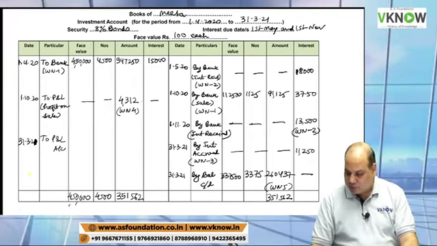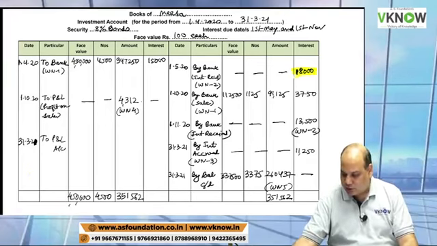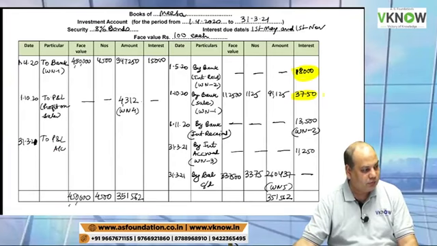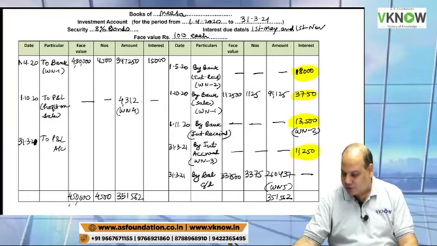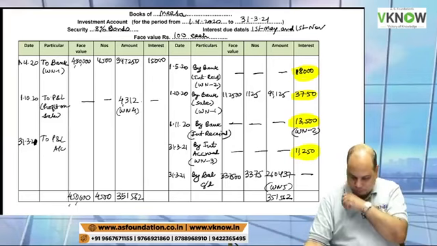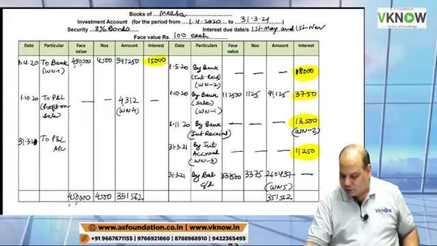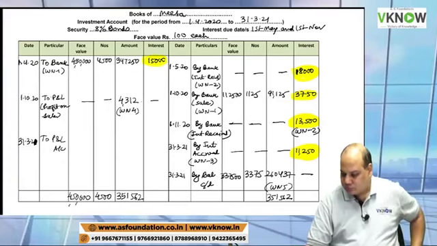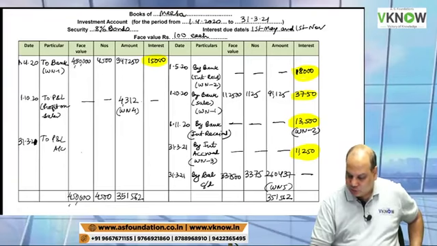Take credit side total. I will dictate, take on calculator: interest 18,000 plus 3750 plus 13,500 plus 11,250 minus 15,000. So that will give me interest to be transferred to P&L account.